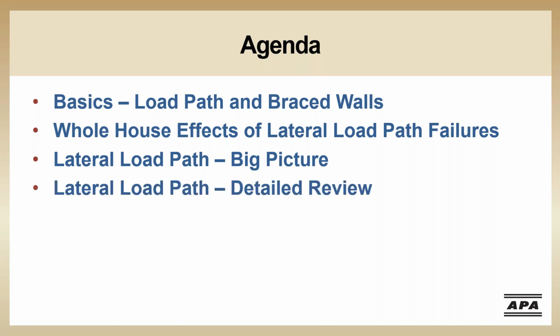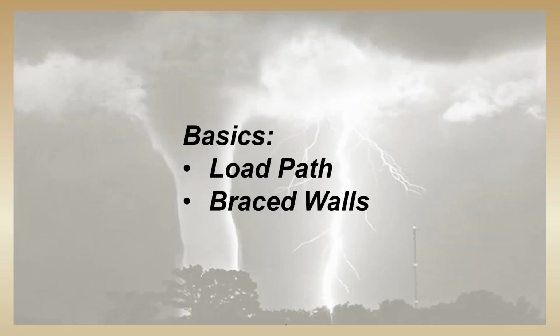Then I will go back through it at a detailed level and explain exactly how the load moves through each member and connection. As I do this, I will also point out common framing errors observed at these locations, and will also discuss code requirements where applicable.